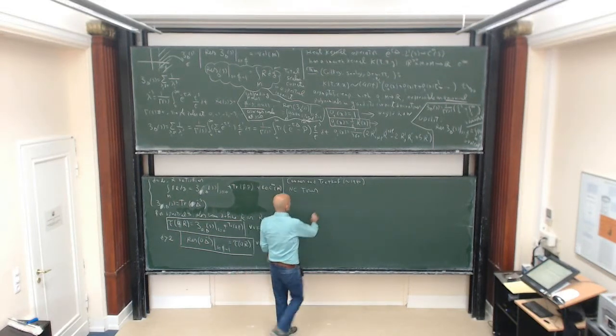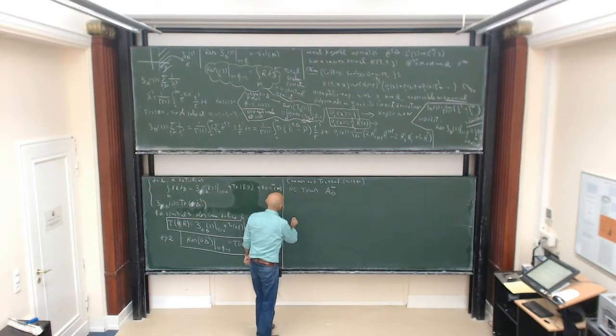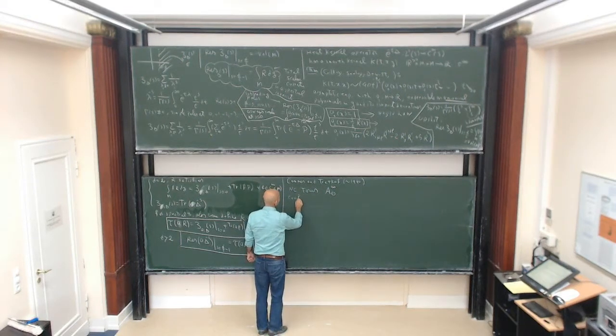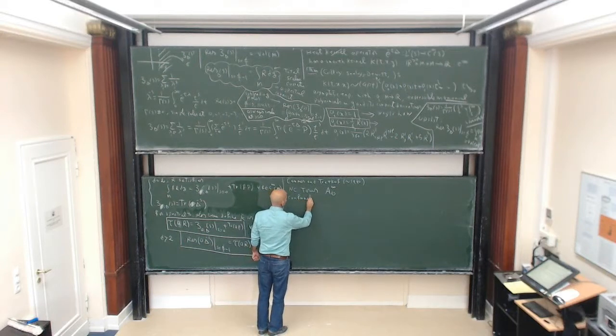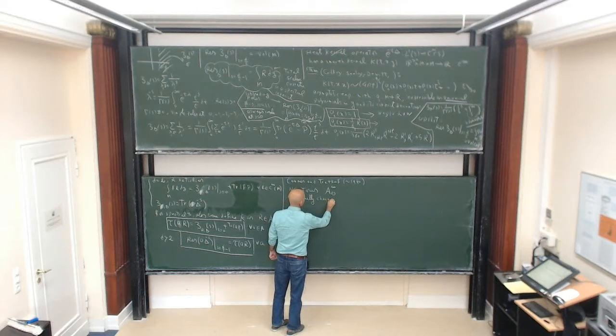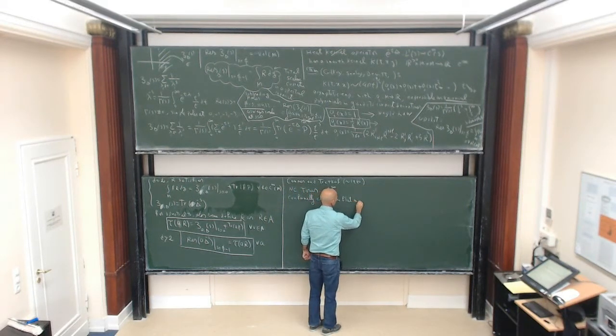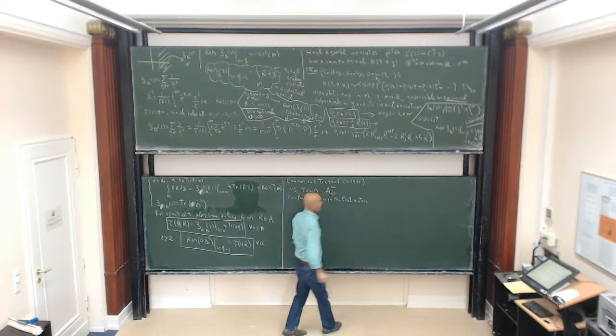So let me look at the non-commutative torus A theta infinity. Then conformally change the metric, the flat metric. So what does that mean?